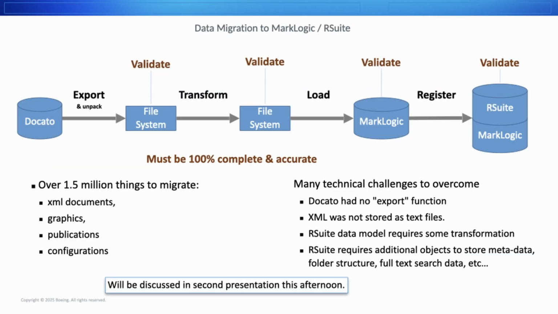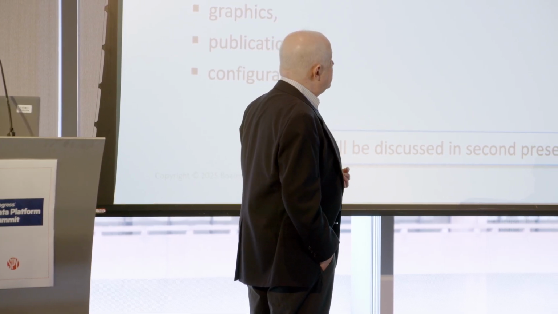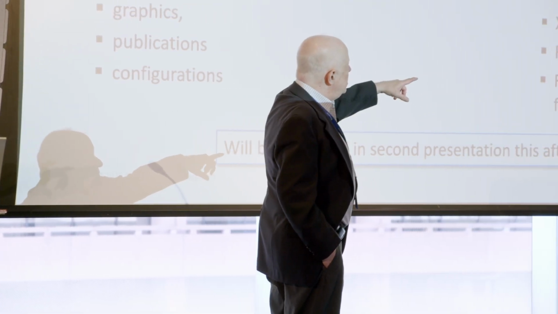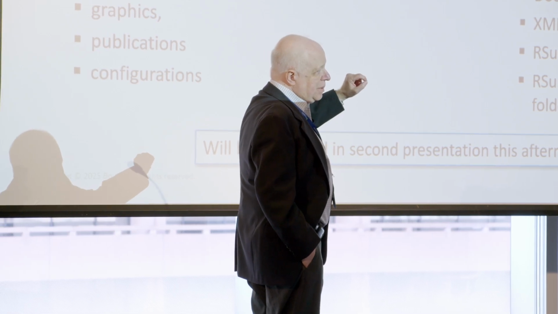So, the migration process. We have this old Decado system, and we have 1.5 million things to migrate. There's the extraction part, then a transformation to get it to something you can load into MarkLogic, and then we're loading into MarkLogic, and we're using another system called RSuite that sits on top of MarkLogic.